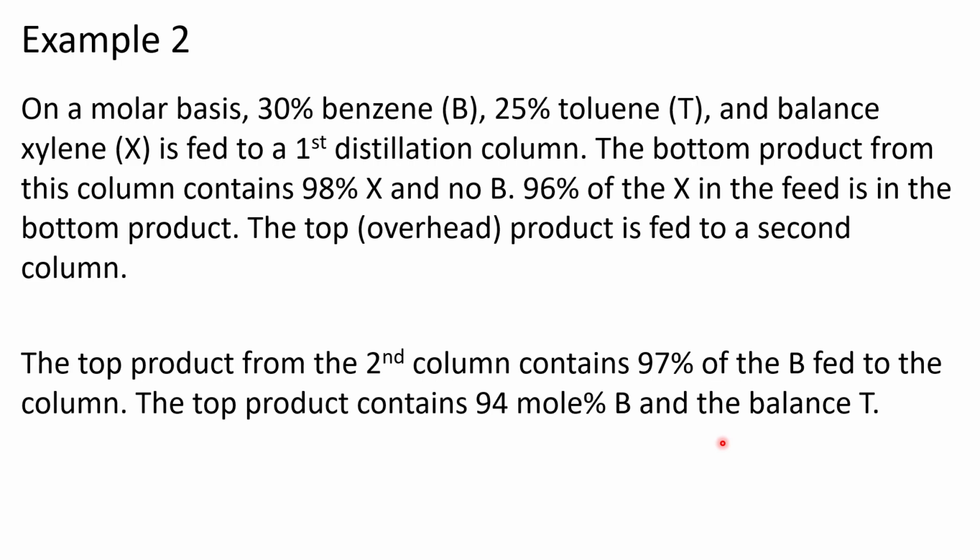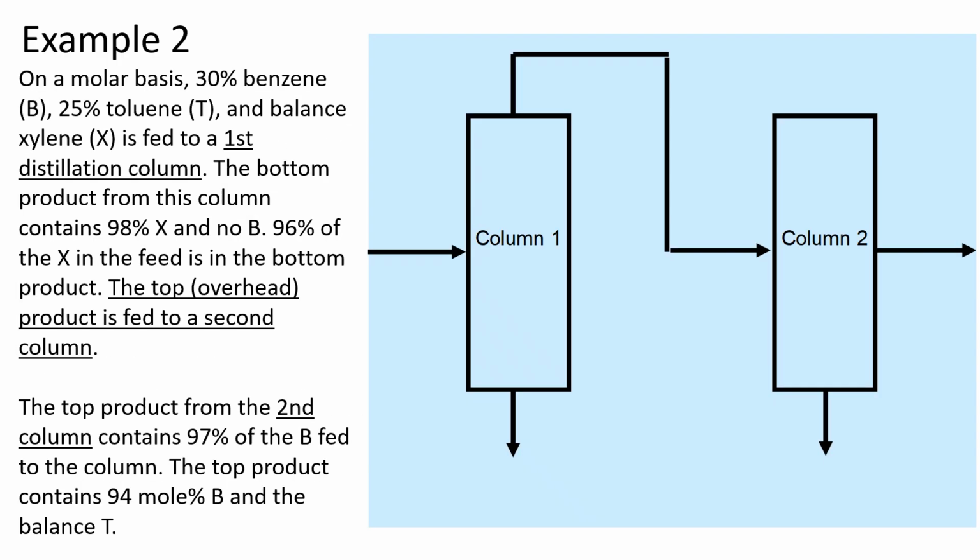Let's draw the process flow diagram for this process based upon the description here, without labeling the streams. Reading the problem statement carefully, we find that there is a first distillation column, which is drawn here and labeled column 1.